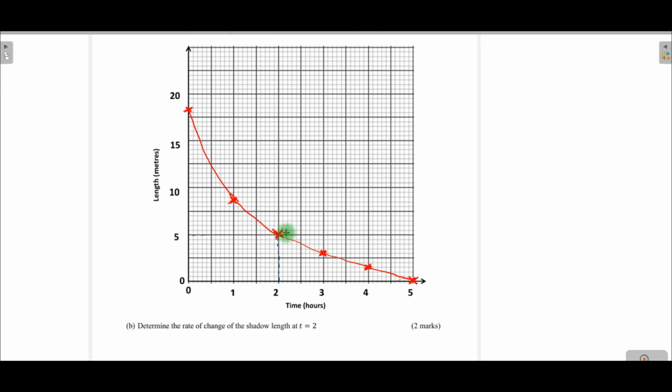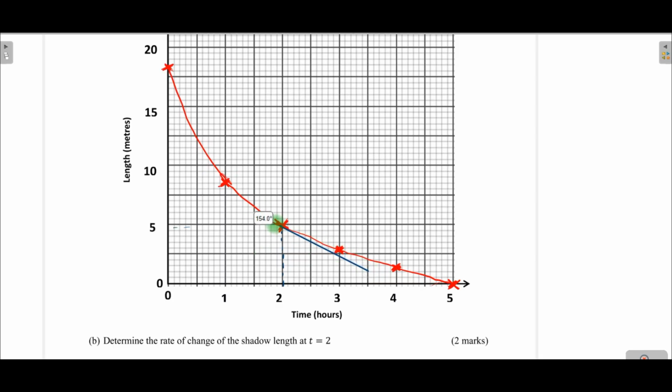So let us draw a tangent passing through that particular point. So that is it.